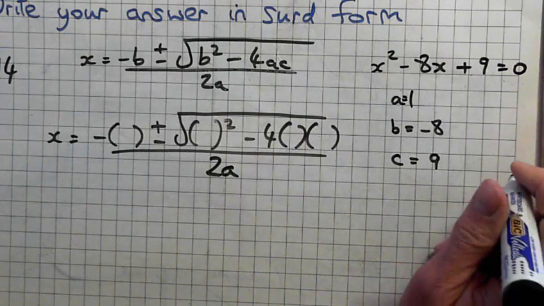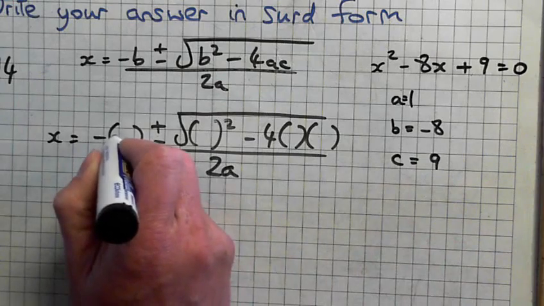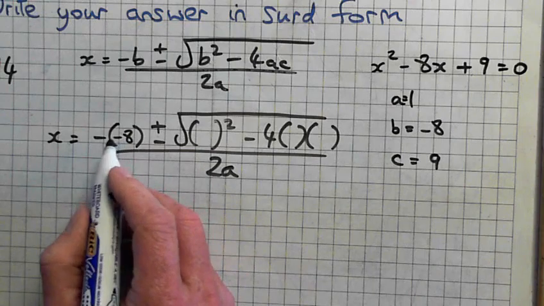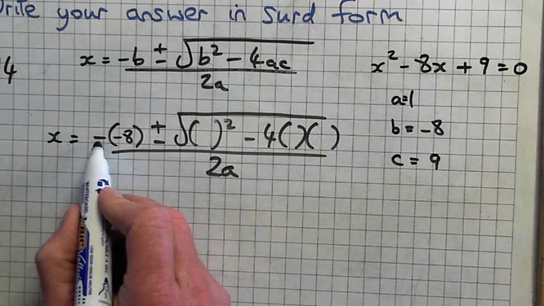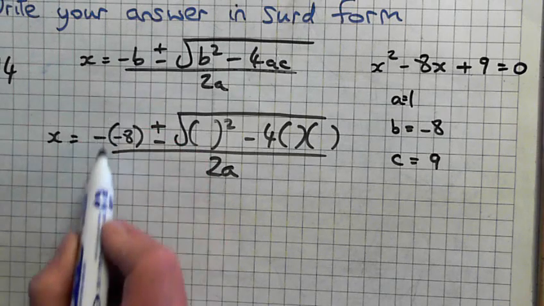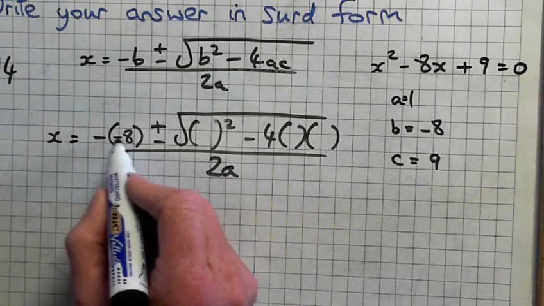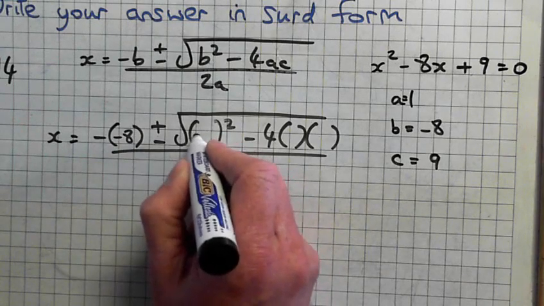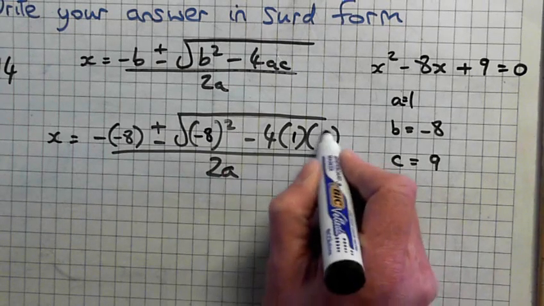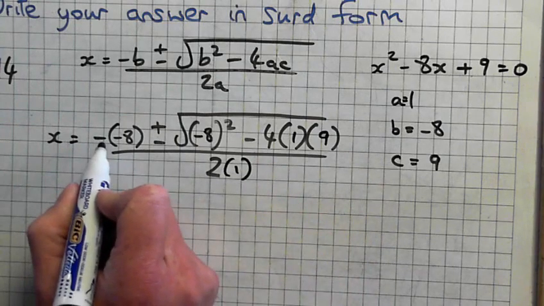Some people would just write down minus 8 up here, but it's not. It's going to be a plus 8. So fill in your b's first of all. A is 1, c is 9, and a is 1.